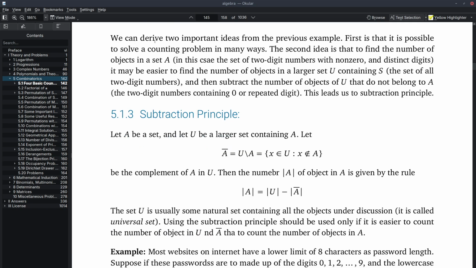We can derive two important ideas from the previous example. First is that it is possible to solve a counting problem in many ways.